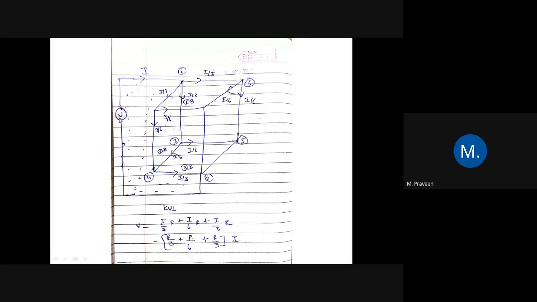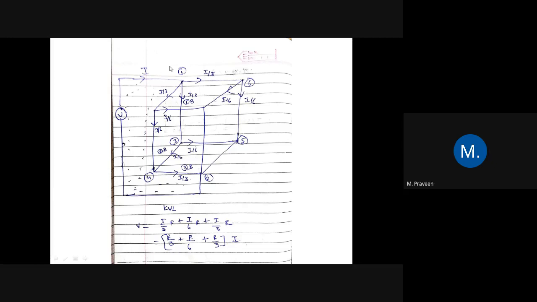Let V be the input voltage applied to the cube. One terminal is connected to the first corner, 1, and the other terminal is connected to the second one. We have to find the resistance between these two diagonal corners of the cube.